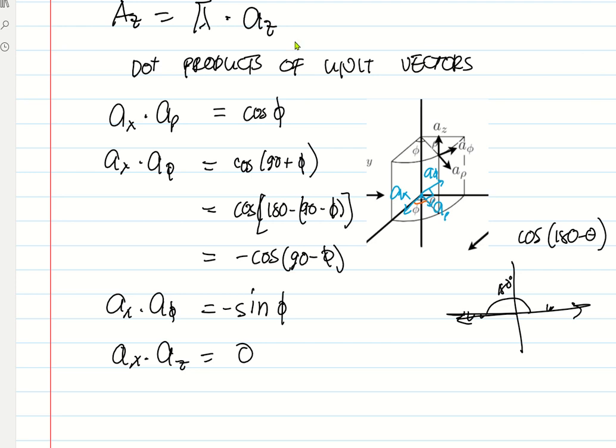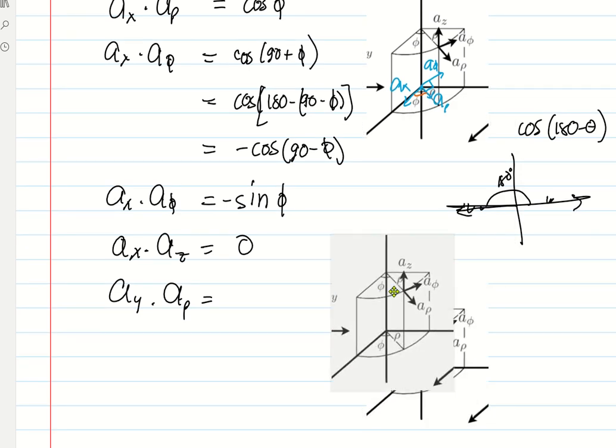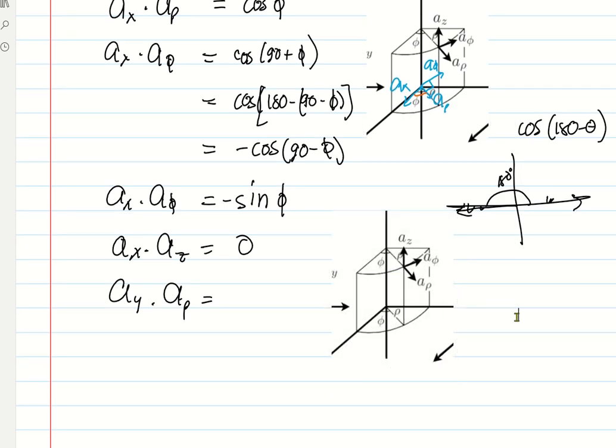Then for y, a y dot a rho. Let's go back to the drawing again. I'll just copy this one here. So a y is in this direction, somewhere here. Our a rho is also in this direction. What's the angle between them?